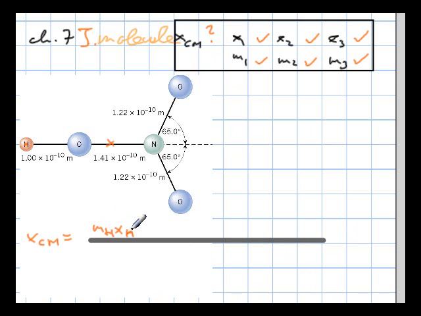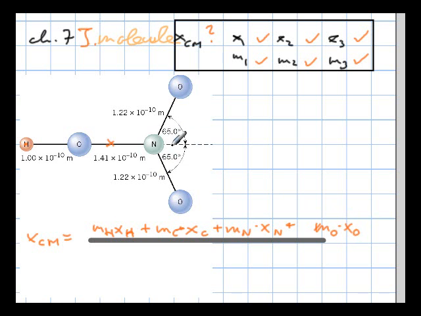And because the 0 point is chosen as where the hydrogen atom is, that of course comes out to 0. And then it's mass of the carbon times distance of the carbon plus the mass of the nitrogen times the distance of the nitrogen plus, I'm going to leave a little space here, the mass of the oxygen times the distance of the oxygen.